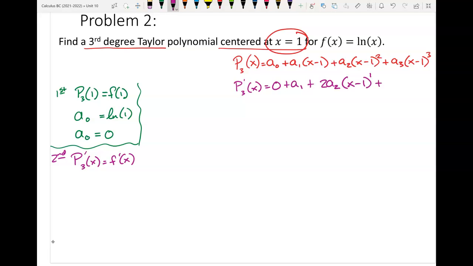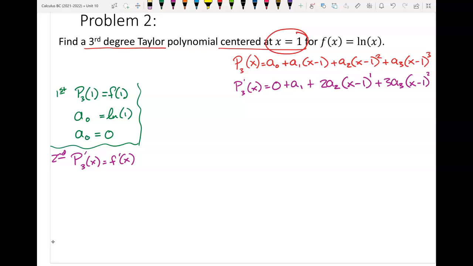And then this would be 3a sub 3 times x minus 1 to the second power. Again, we would have the chain rule. Each of these would be times 1 with the chain rule, but since it's just 1, I don't need to worry about putting that in. So that's my first derivative of that one.